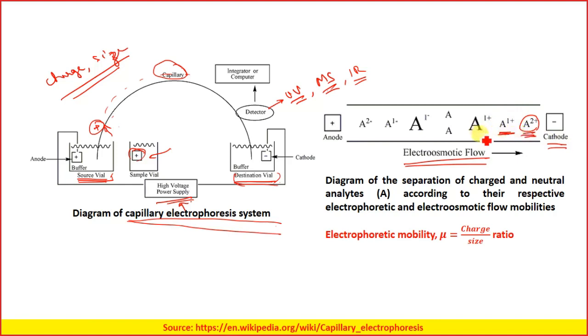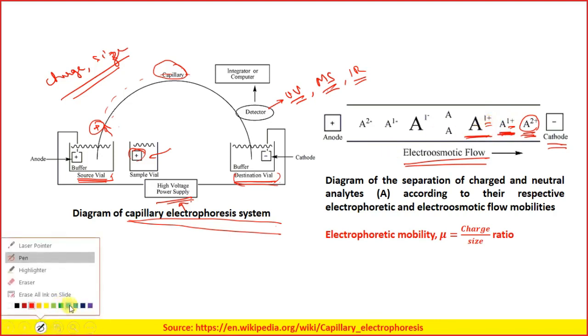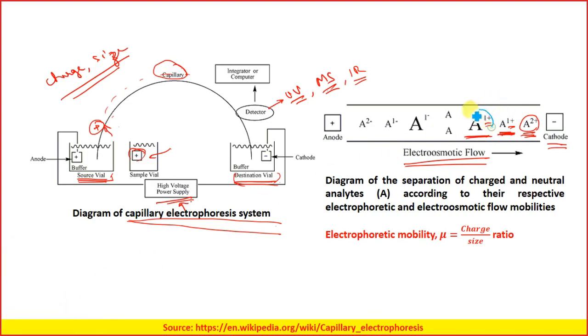Then suppose you have two cations which have the same charge, but the size is different. The cation with lower size will be eluted first as compared to the cation which has a greater size.